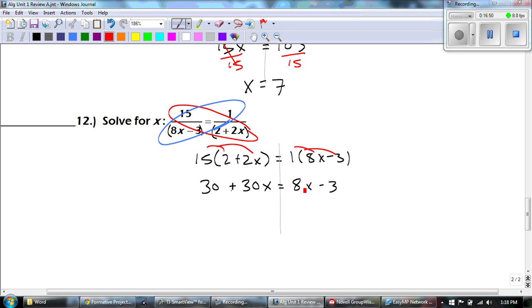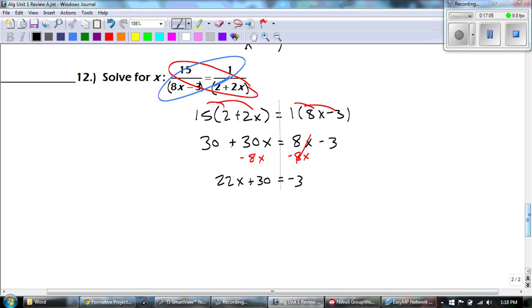I want to move the smaller variable. When I rewrite it this time, I'm going to go standard form. So that means 22x plus 30 equals negative 3. And now solve. We're just doing SADMAP. I'm going to subtract 30 from both sides.